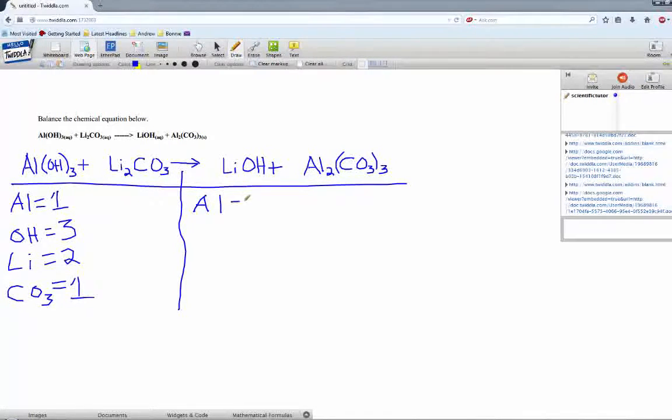Aluminum on this side is going to be 1 times 2, 2 aluminum. OH on this side will be 1 times 1 whole group, so 1 OH. Li on this side will be 1 times 1, 1 Li.